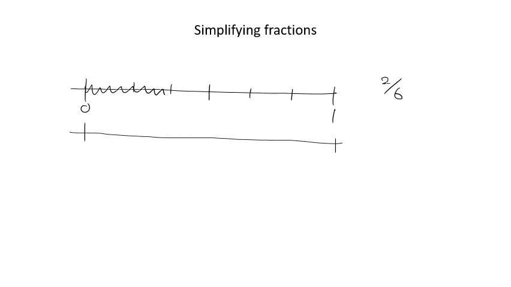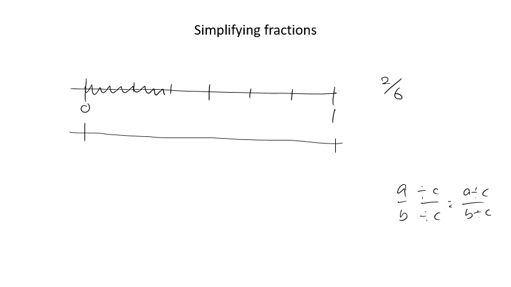So rather than start with the symbolic process of saying, okay, I've got some A over B, and I'm going to divide that by some C, and so I get A divided by C over B divided by C, which is how I learned this at first, and probably how you learned this at first as well.